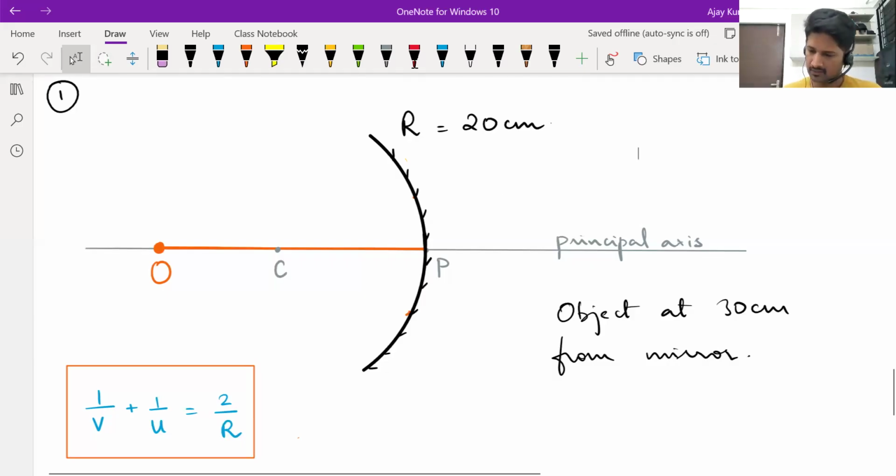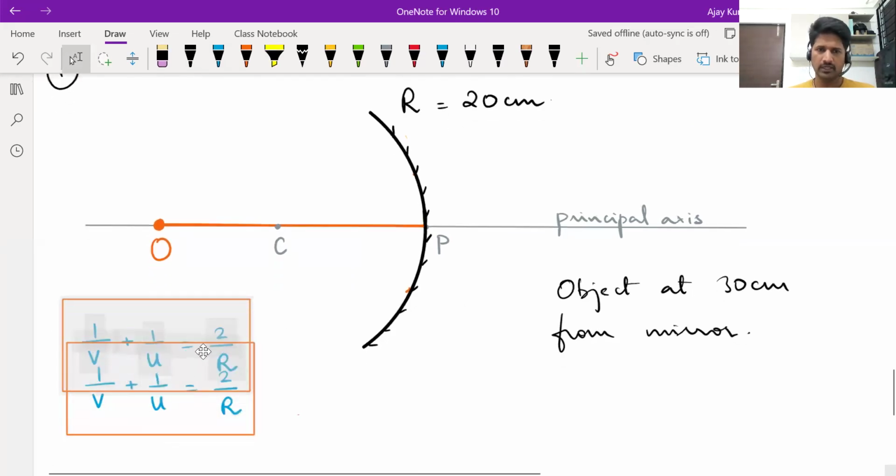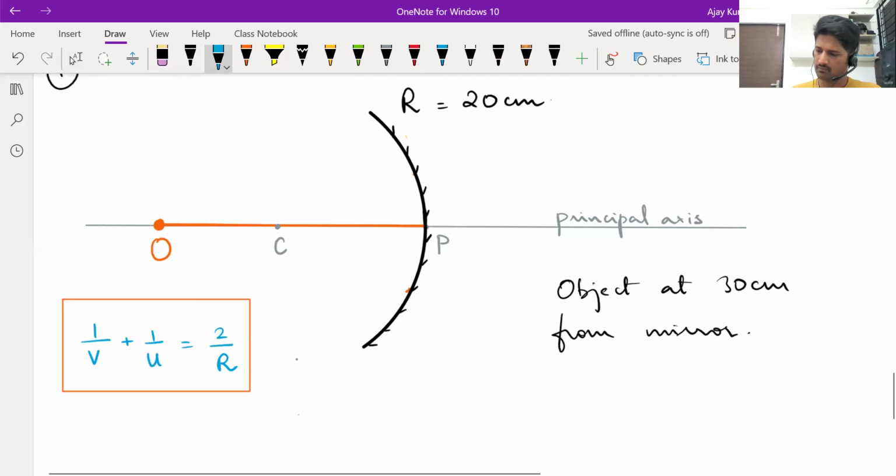Okay. Isha, can you unmute? Yes, sir. Any answer? I'm doing, sir. Okay. Tell me, you need to calculate image distance, right? So v is what you need to calculate. How much will you substitute u as? Minus 30 centimeters.